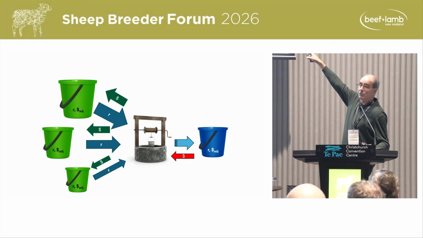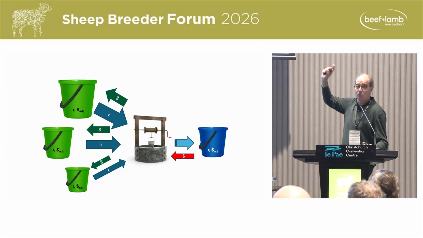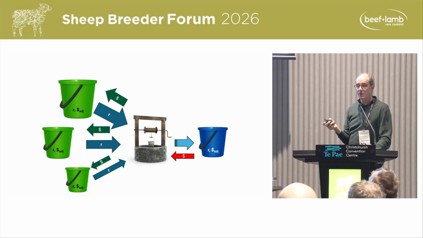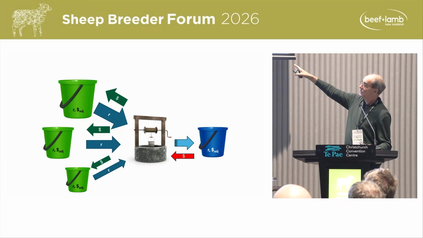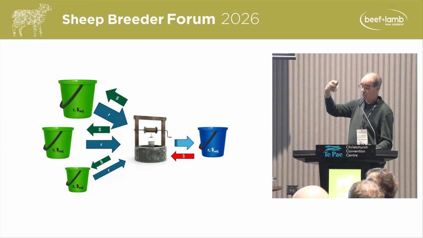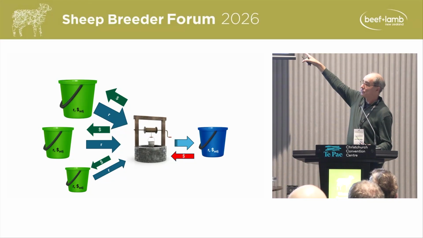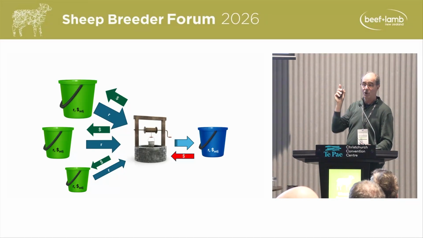All the data that's represented by the green buckets is contributed to the reference, which is the wishing well. And then over here we've got people in the blue buckets who just genotype. That's all they do. And they get some accuracy, it costs them a certain amount of money, and the idea is that we're going to basically put a levy on the genotyping, which is the red arrow, that will collect funds that go back to the green buckets, okay?